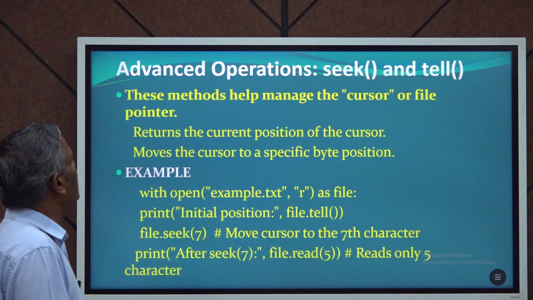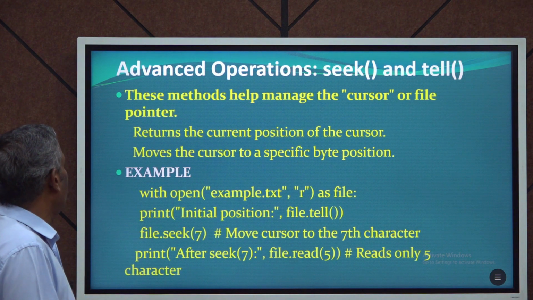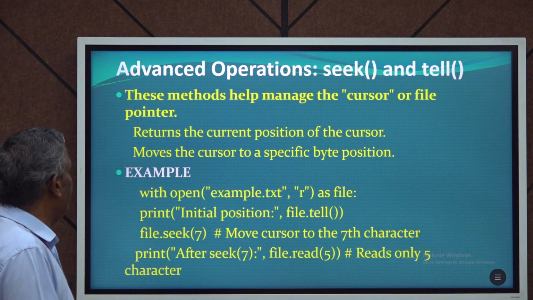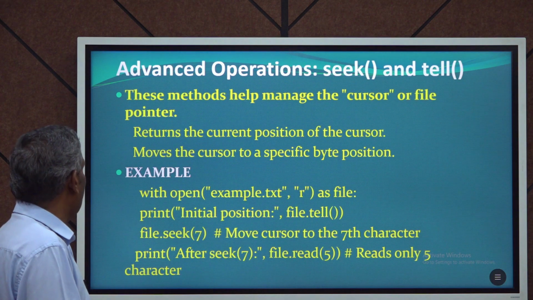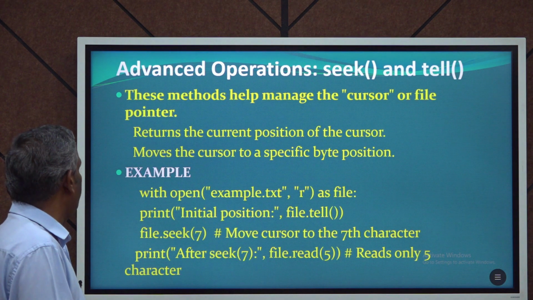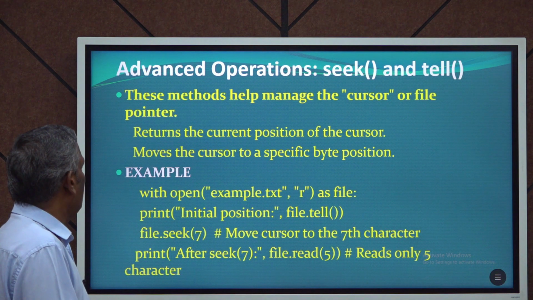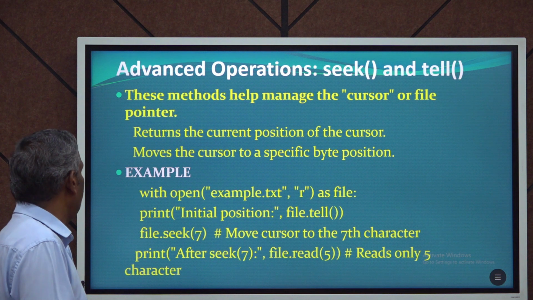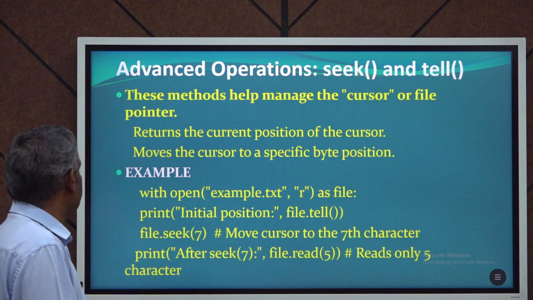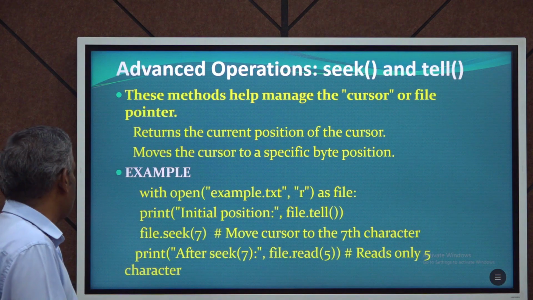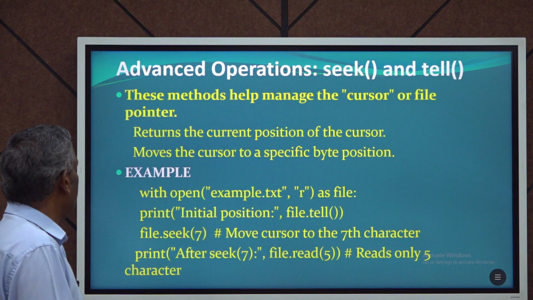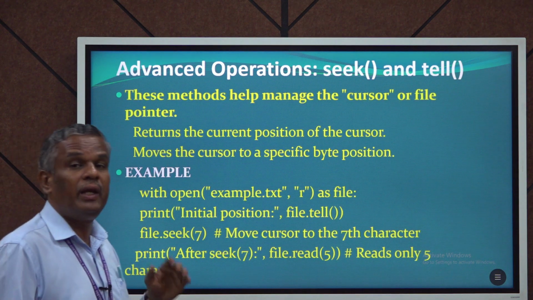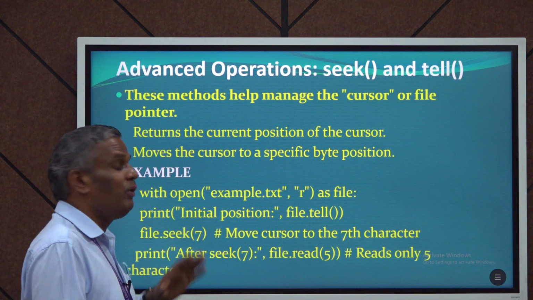There are some advanced operations in seek and tell. For example, with open example.txt r as file, the file name is example.txt. Print initial position file.tell gives the initial position, then file.seek 7 means it goes from the initial position to the 7th position. Then print after seek, file.read 5 means after the 7th position it reads only 5 characters.